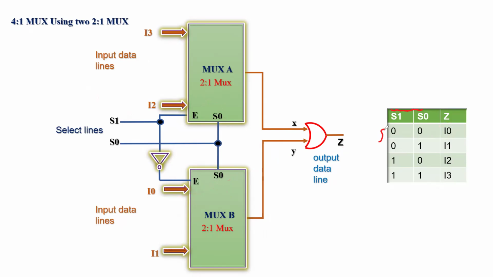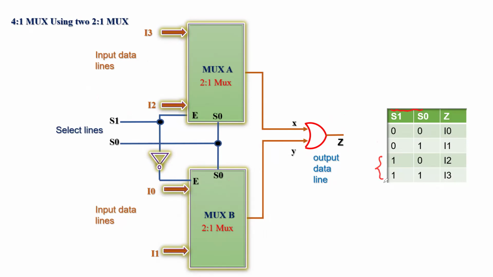However, S1 is still 0 and S0 is 1. So S0 is 1, this 1 comes here, that makes I1 to be transferred to the Y and eventually to the Z. Remember, Z is X or Y. So it receives logical X data or logical Y data.